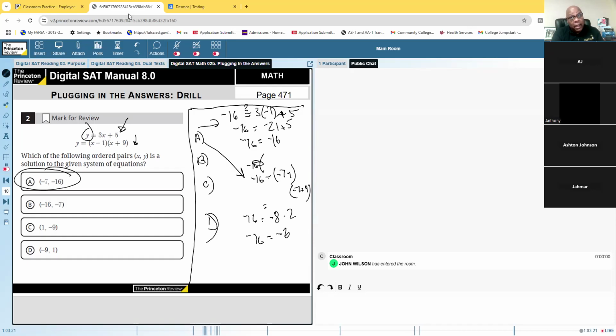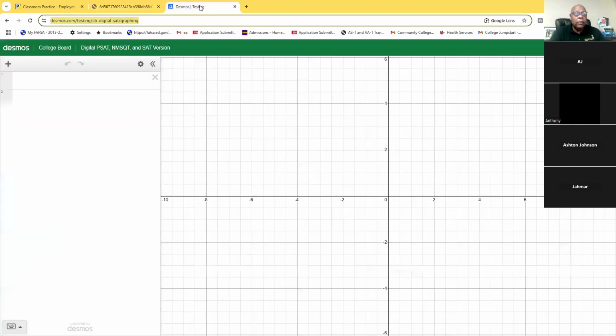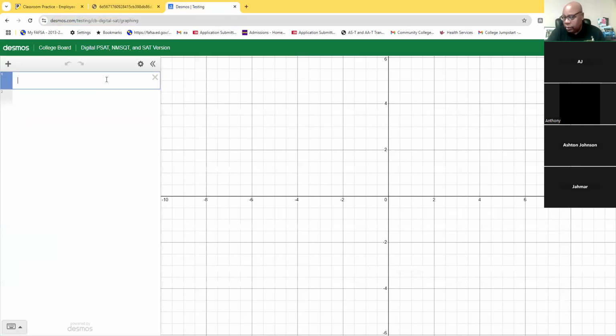But there's another way. And again, people learn math different ways. So I'm glad there's two ways. One way is to use the Desmos calculator. Let me make sure I open my book up so I read the right equation, okay? I really want you to see this. Okay, over on the calculator, let's put in the first equation, which is y equals 3x plus 5, right?